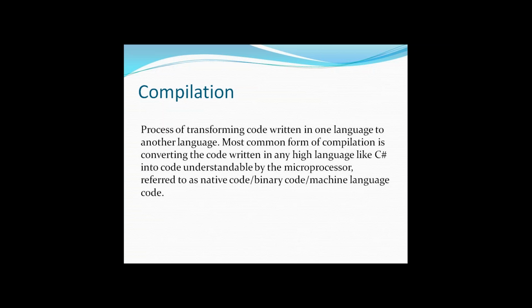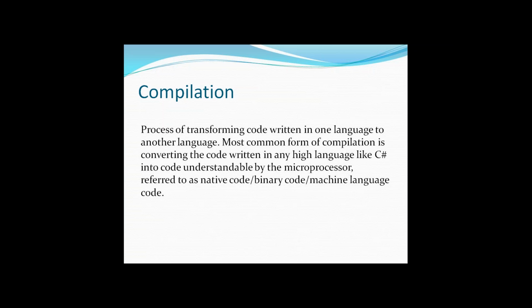However, there is one common form of compilation which we would come across commonly as a developer, and that is converting the code written in high-level languages like .NET or Java or VB or ASP or whatever into the language which is understood by your microprocessor.